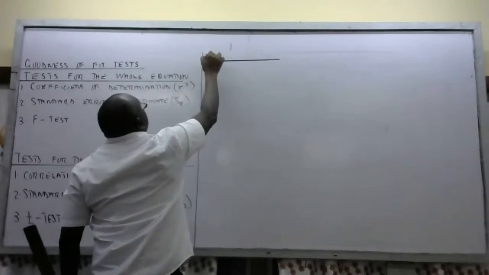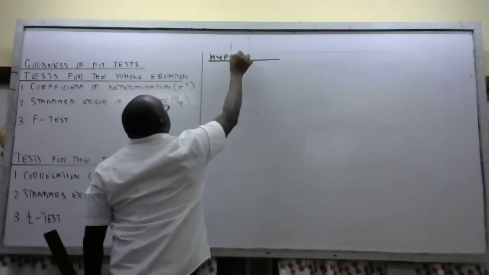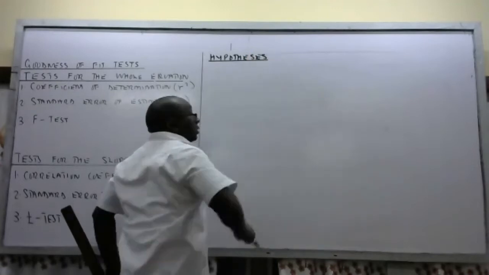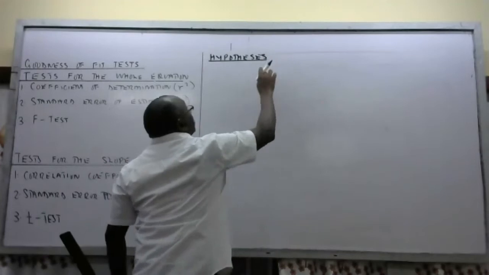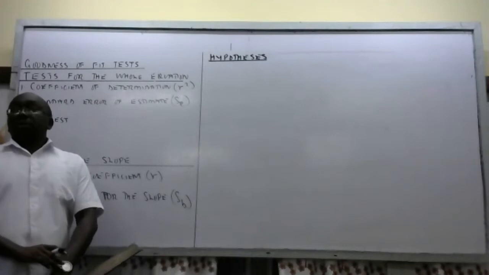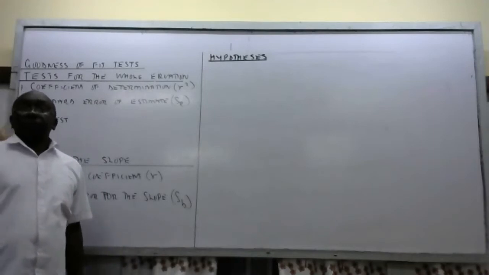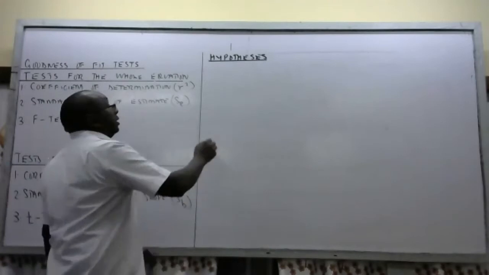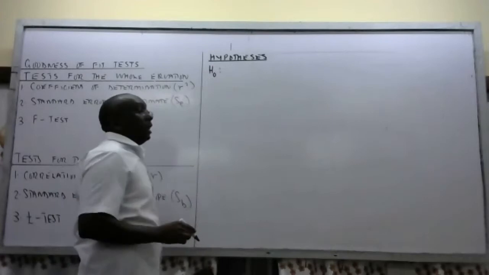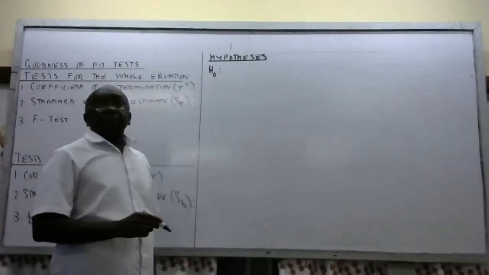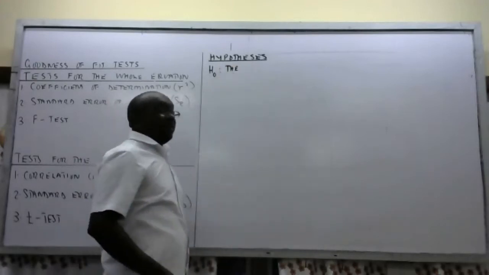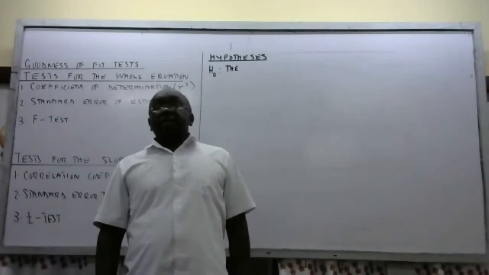So step number 1 is hypothesis. So the hypothesis, when inaandikwa, null. The null hypothesis, you say the relationship is not significant.